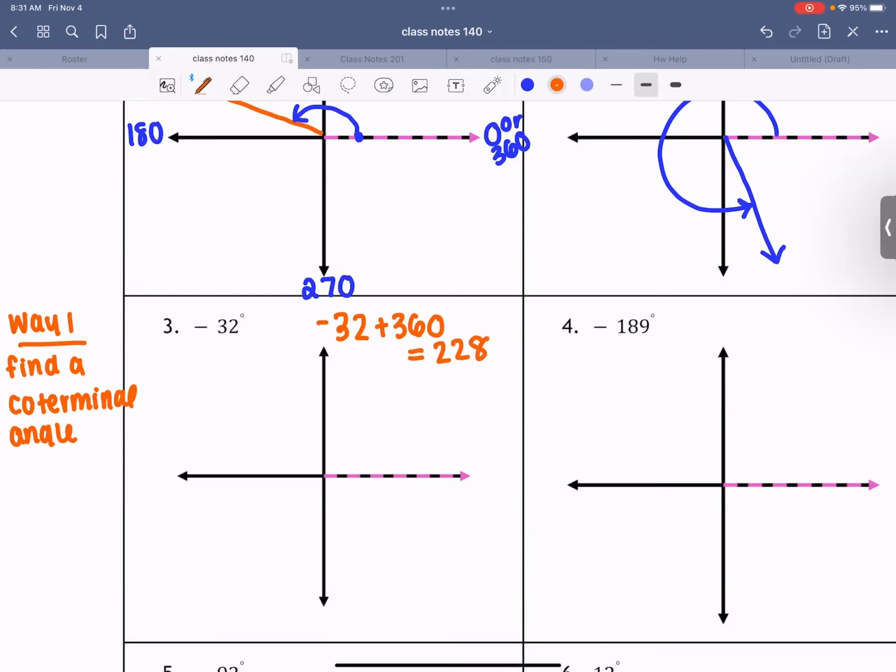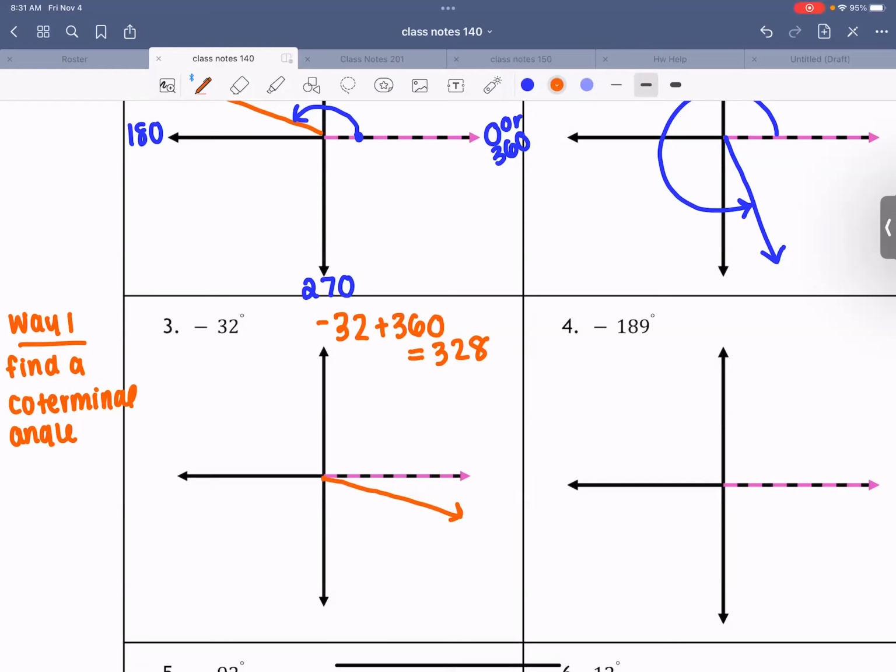Gosh, is it 328? Okay, good. Ugh, this is what happens when I am bad at math. All right, we got 328. Okay, so drawing 328 is a lot easier than drawing negative 32. I know that it has to be between 270 and 360. I know 328 is probably closer to 360, so I know that my angle should be here.